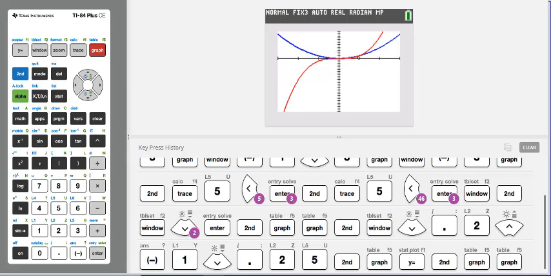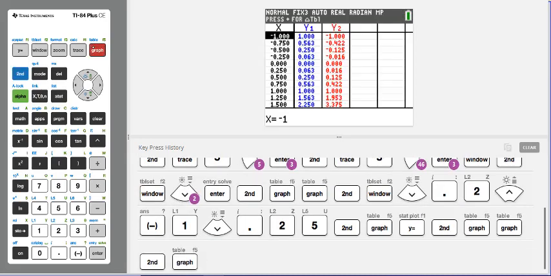Sometimes it found 1 here, right there. But I know that it ought to intersect at 0, 0 as well. So I went second table to give me some more visibility on it. And I stepped about 0.25 so I can really see some resolution on my numbers. But when my outputs are the same, that's where they're going to intersect, okay?